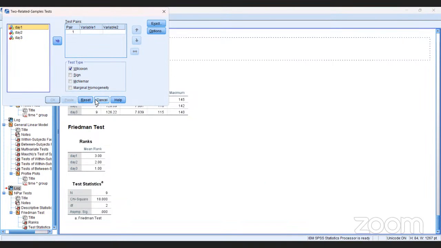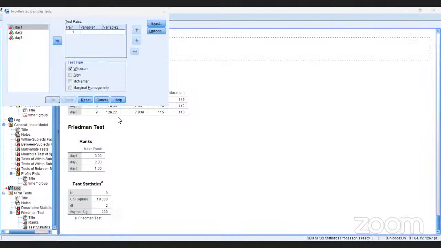Okay, now you can click these 2. First one is, is it visible? 2 related samples, is it visible? No. Now it is visible. Yes, sir. So first you have to click the day 1 and next is the day 2.